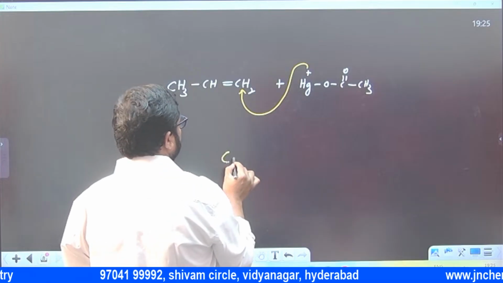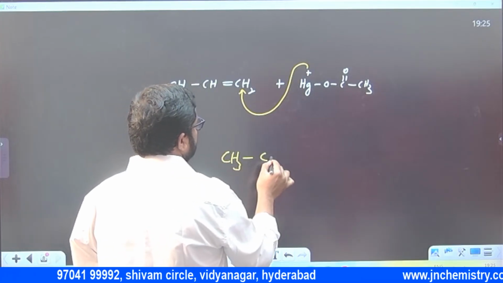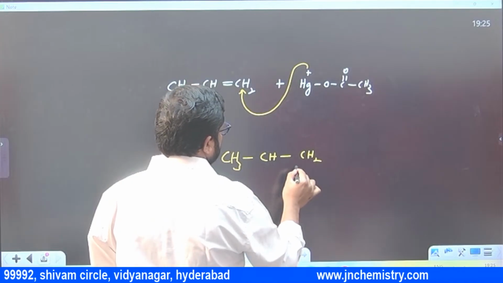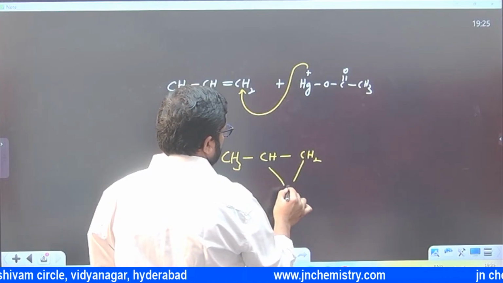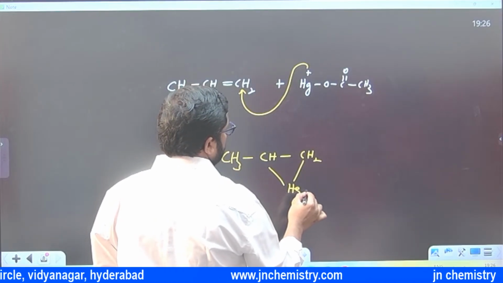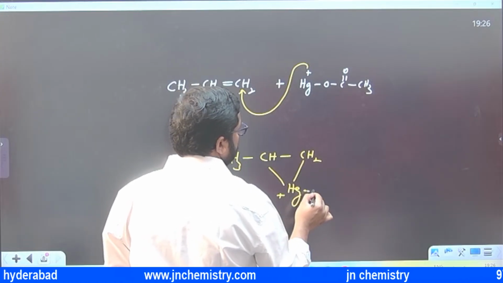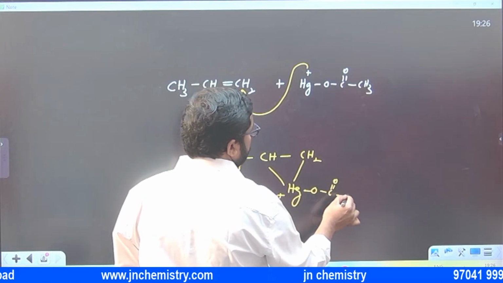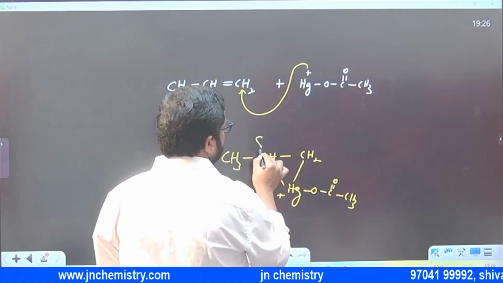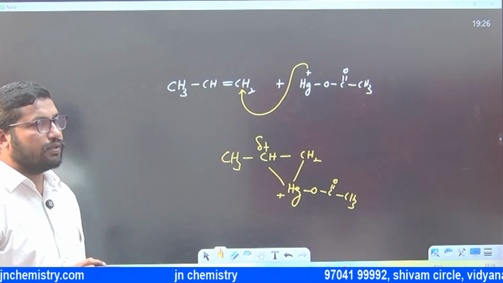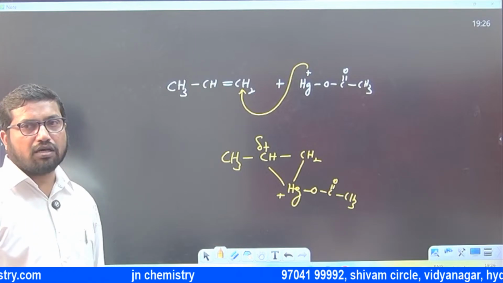CH3CHCH2Hg with the positive charge, O-C=O-CH3, where is the partial positive charge? So this is a non-classical carbocation.